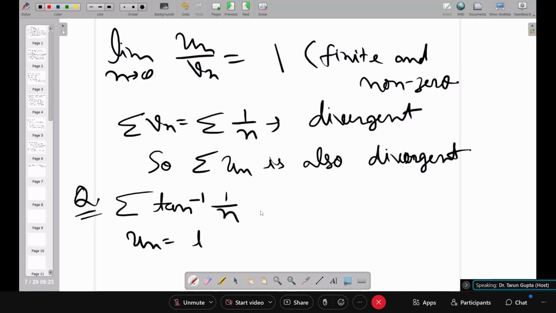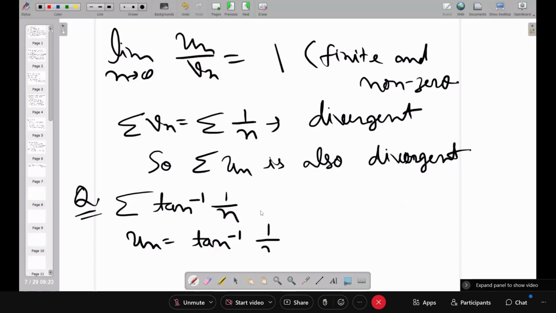And the tan inverse x series, you know, by Taylor series you can find out: x minus x cube upon 3 plus x to the power 5 upon 5. This is our tan inverse x. So tan inverse 1 by n will be 1 by n minus 1 upon 3, 1 by n cube plus 1 by 5, 1 upon n to the power 5.